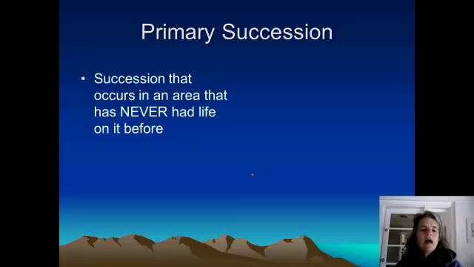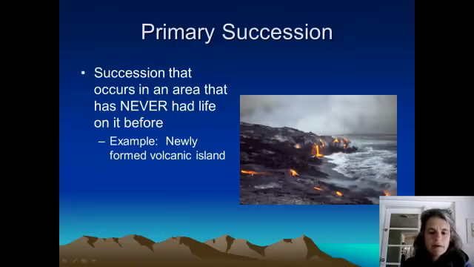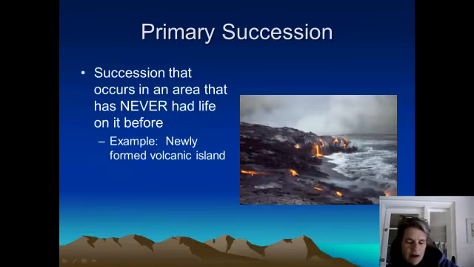It is succession that occurs in an area that has never had life on it before. So we are going from barren new rock to life. There's our lava rock that emerged out of the Pacific Ocean in front of us.